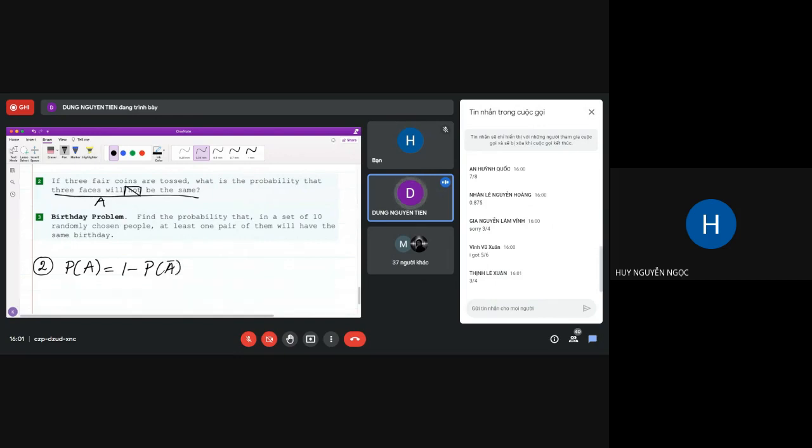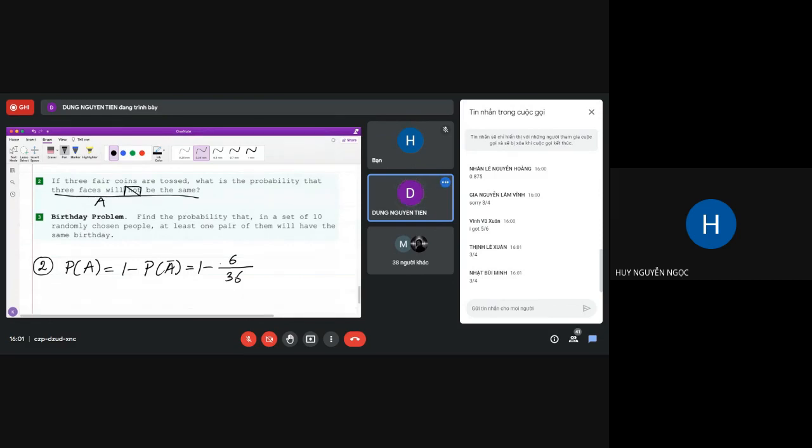So you get 1 minus the probability of A bar. The probability of A bar is the probability that the three faces are the same.